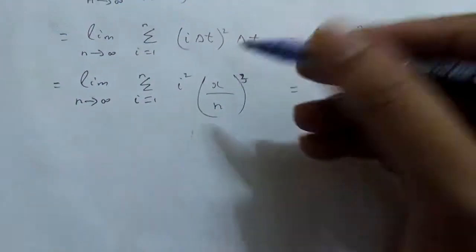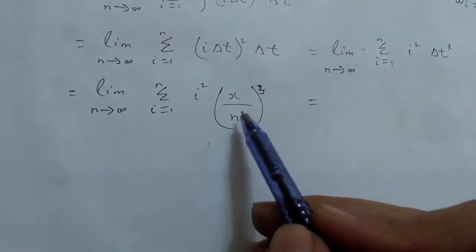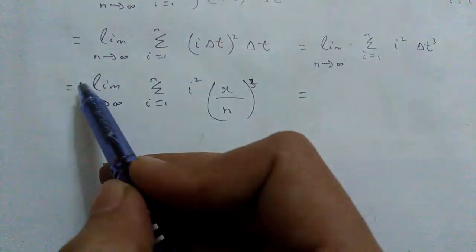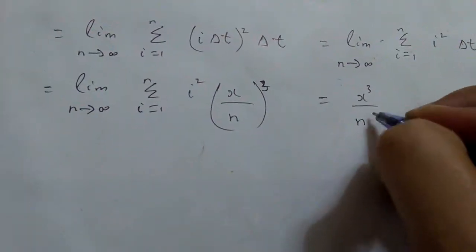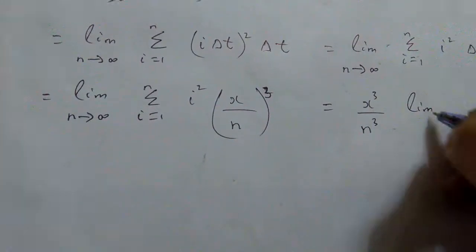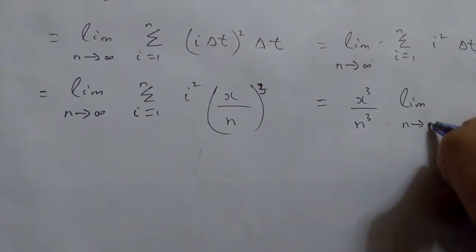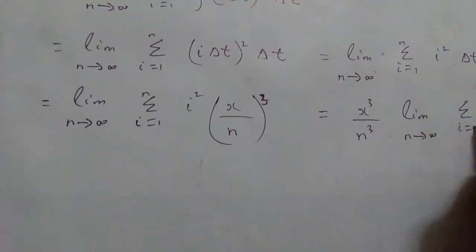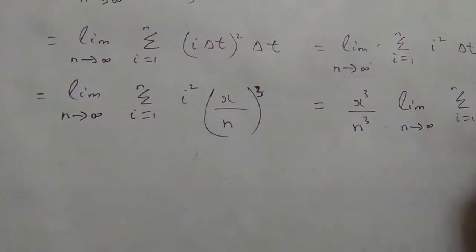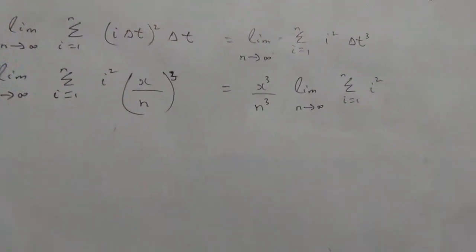So x and n are constant numbers here. You're going to write them out before the limit. Okay, so it's going to be x cubed upon n cubed, the summation of i squared. All right, this is it.